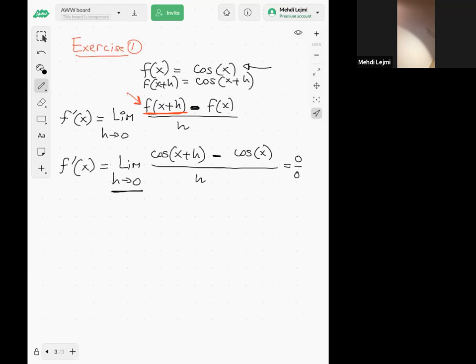That's why we have to use the trig identities. The trig identity we're going to use, of course, is for this cosine of x plus h.